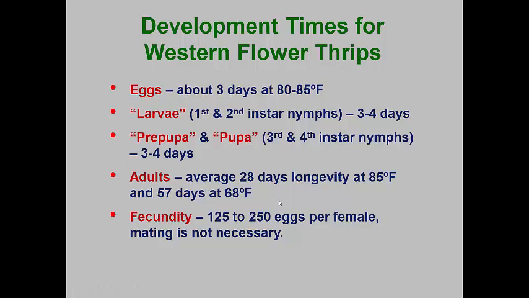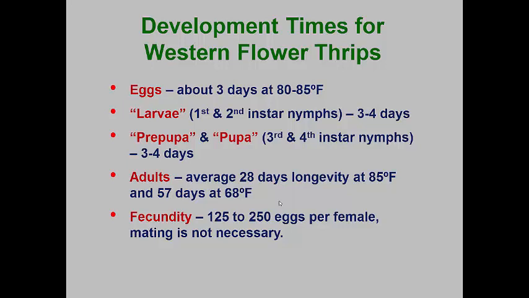At typical greenhouse temperatures and during summer temperatures, thrips can develop very rapidly. The eggs are inserted by the female into leaf tissues with her tiny saw-shaped ovipositor. These can hatch in 3 days. The first two nymphal instars, larva 1 and larva 2, take about 3 to 4 days to complete their development and molts.